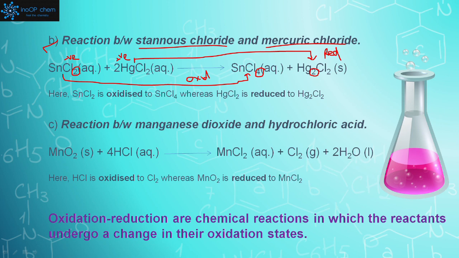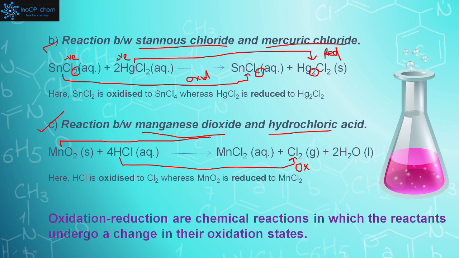So in the third reaction, a reaction is going between manganese dioxide and hydrochloric acid. In this reaction, the HCl is oxidized to Cl2 because of removal of hydrogen. OX means oxidation. And at the same time, manganese dioxide is reduced to MnCl2. How?